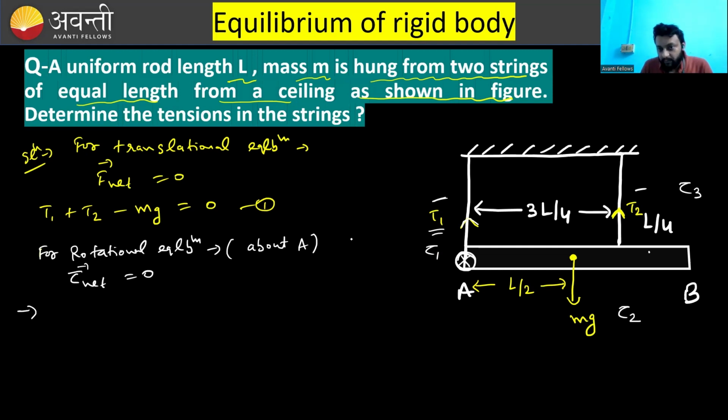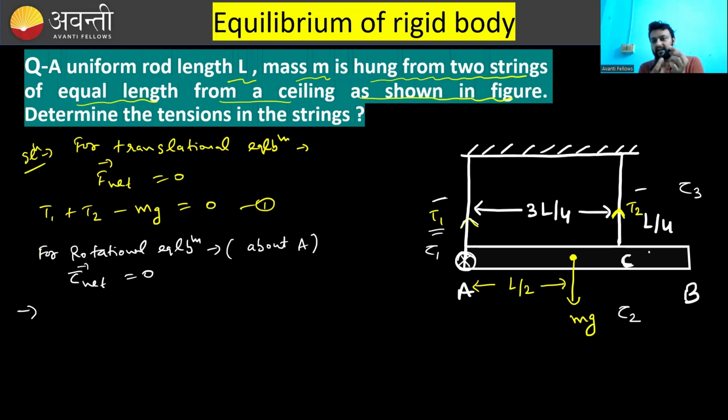So the body is going to rotate about A. Can you see that? This is the rod, and this is end A. This is the midpoint, the mg point. And we can place another point here, named C. Now listen to me. mg is acting at this point.